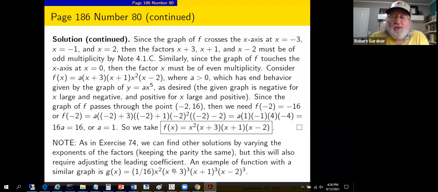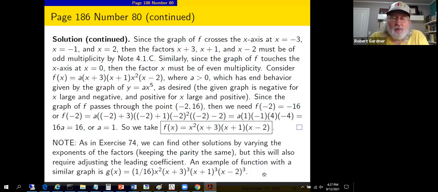So you can change these exponents, maintain their parity, their evenness or their oddness, and we could have chosen something else. But if you change those, then you've got to go back and use this information that f of negative 2 equals positive 16. And then you've got to do the computation similar to what we did to find a new leading coefficient if you change the exponents.